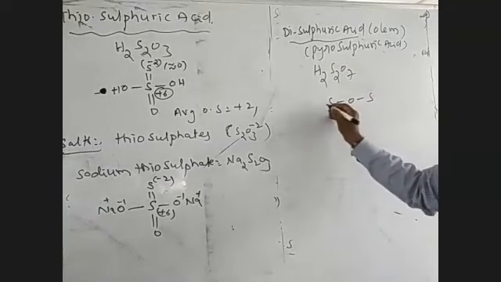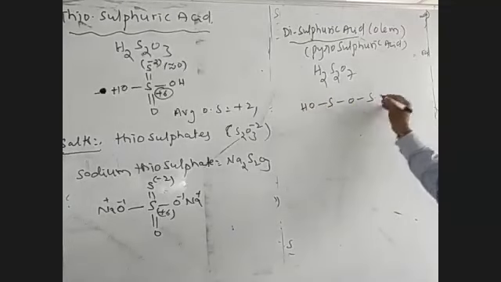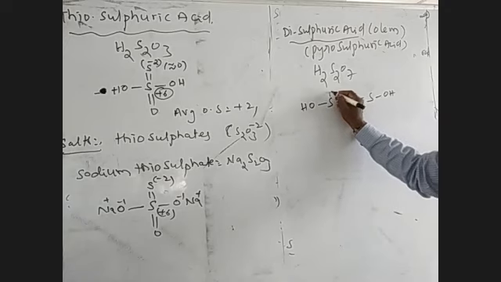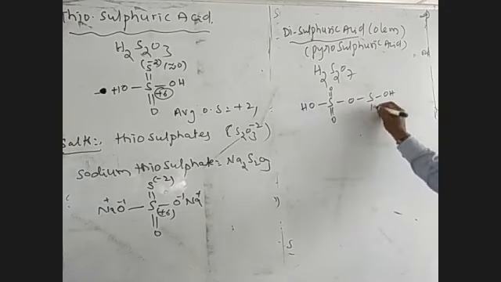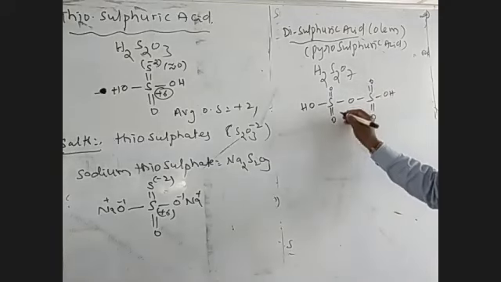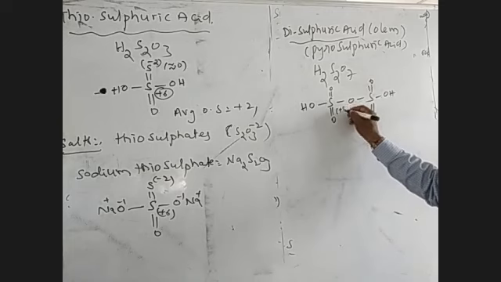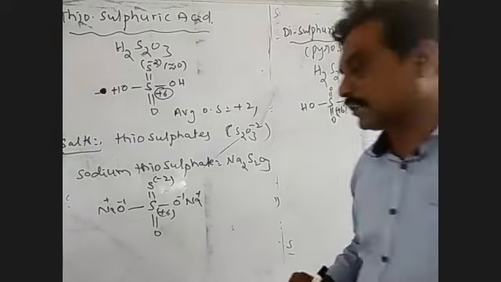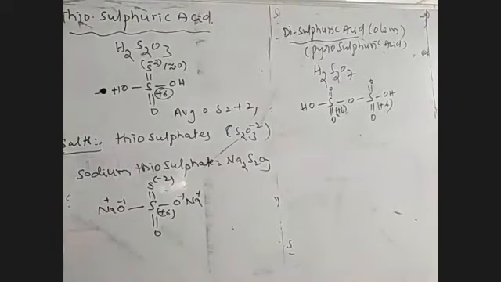H2S2O7 has an S-O-S bond, and the basicity of this acid is 2. H2S2O7, with double bond O, double bond O, is called pyrosulfuric acid or oleum. Here each sulfur has a +6 oxidation state. In pyrosulfuric acid or disulfuric acid, the oxidation state of each sulfur is taken as +6.